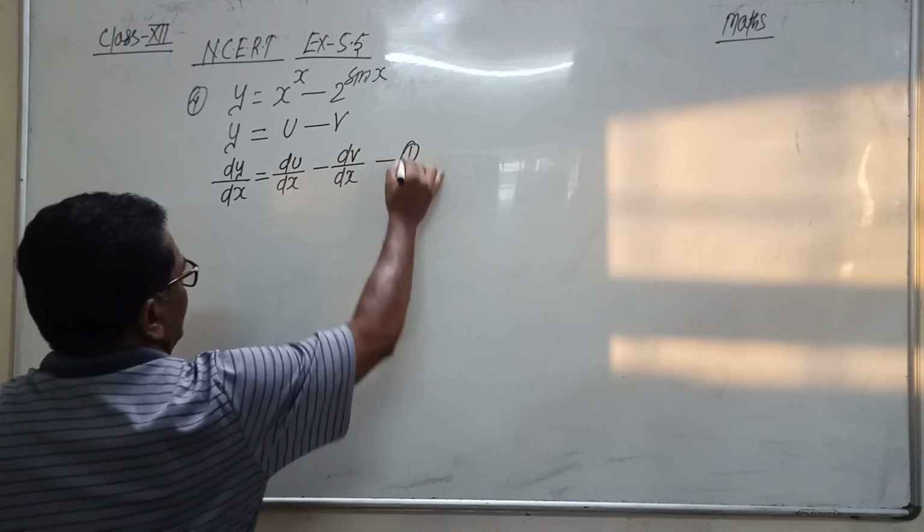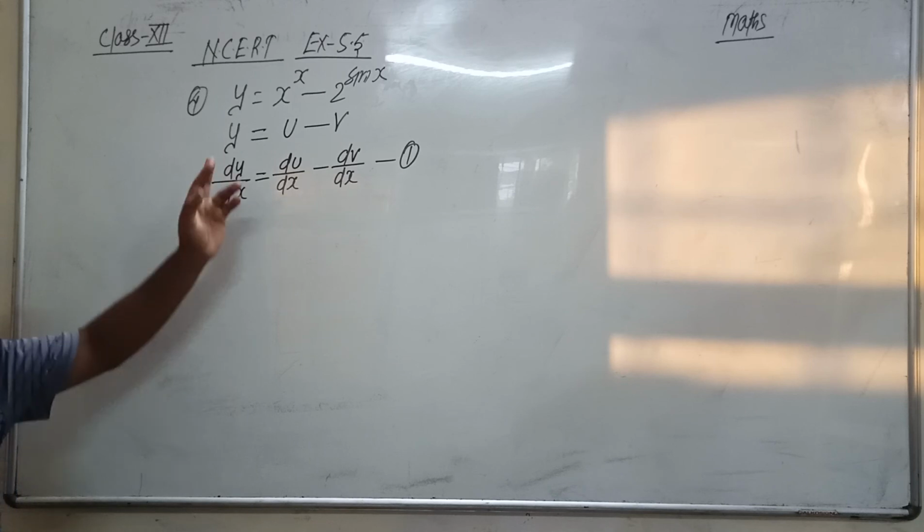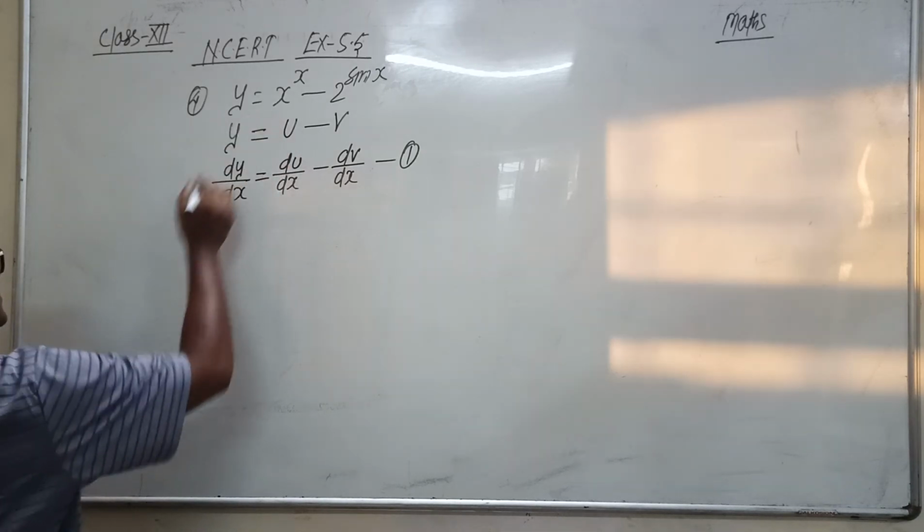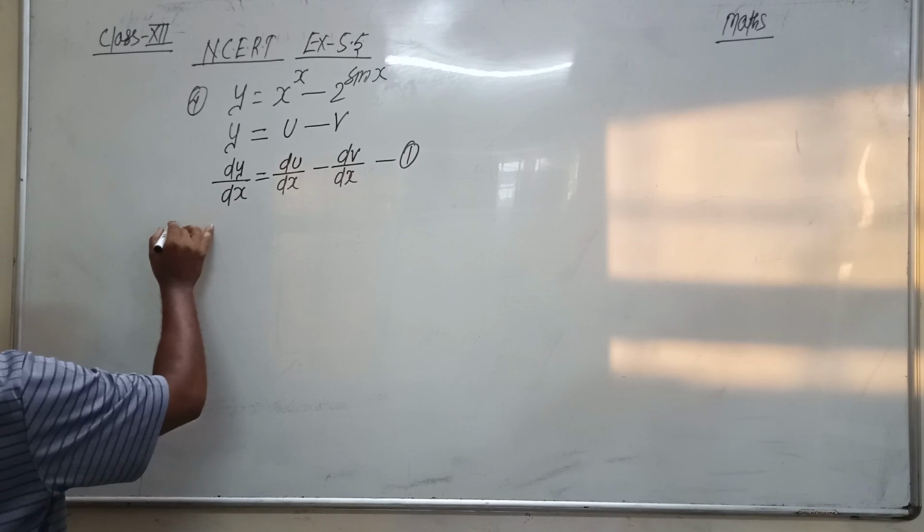Name it first equation. We will differentiate both sides: differentiation of y is dy by dx, differentiation of u is du by dx minus differentiation of v with respect to x, dv by dx.